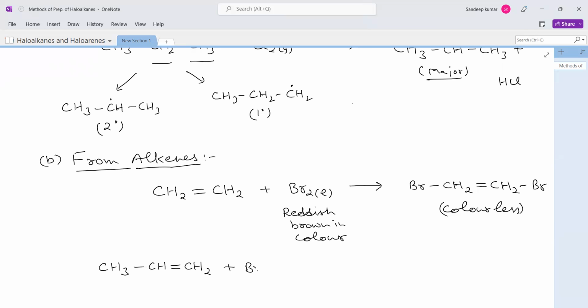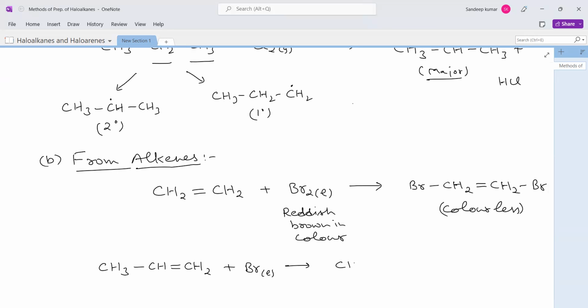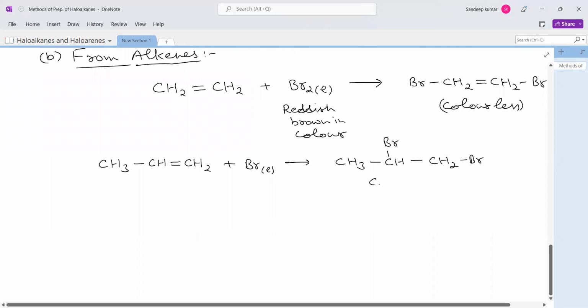And if I add bromine to this, then also the reddish brown color of bromine gets discharged and a vicinal dihalide is formed. Vicinal dihalide means the halogen atoms are present on adjacent carbon atoms. Such compounds we call vicinal dihalides. And this compound will again be colorless.